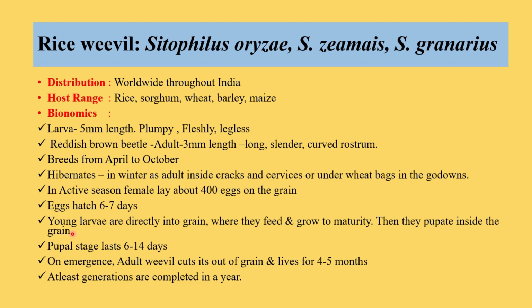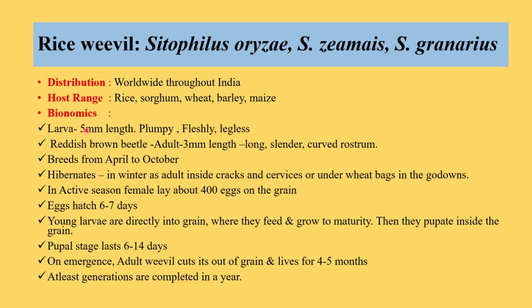The young larva goes directly into the grain, feeds on it, grows to maturity, and enters the pupal stage. The pupal stage lasts 6 to 14 days. On emergence, the adult weevil cuts out of the grain and lives for 4 to 5 months. The rice weevil completes several generations in a year.